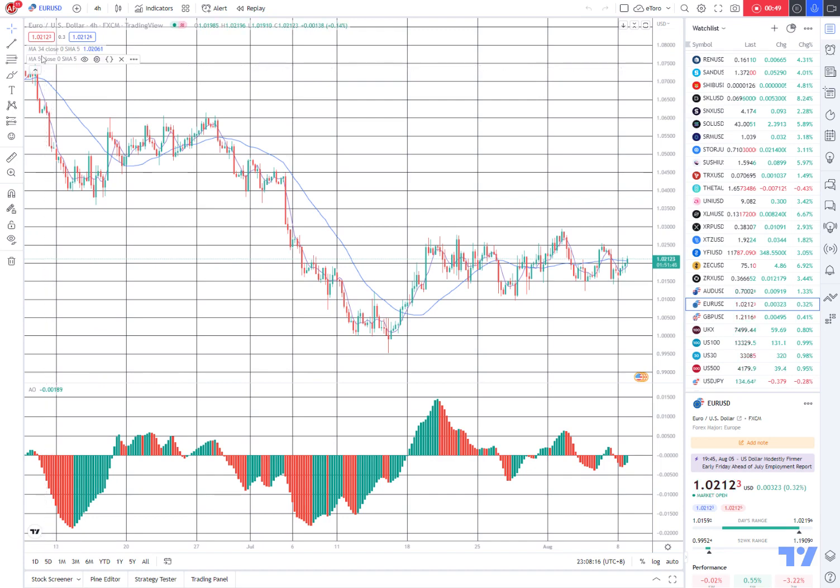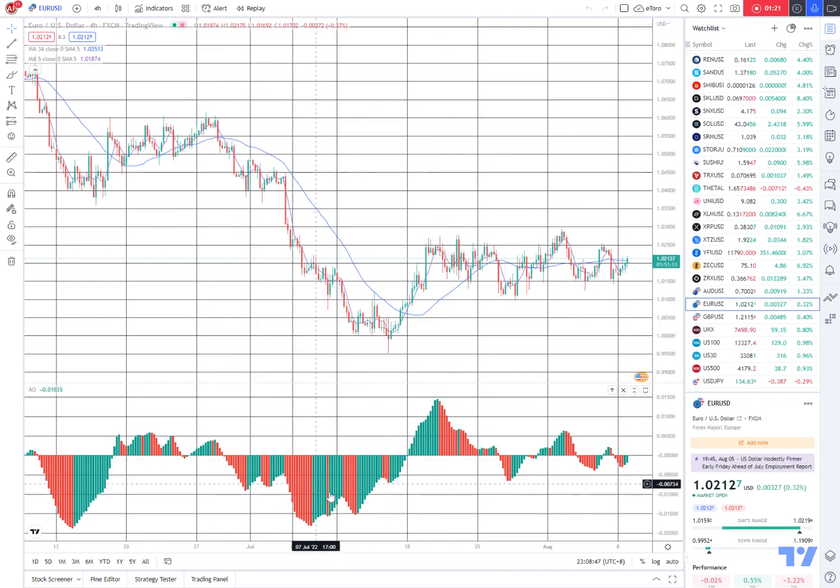The reason is if you check, you can see that the crossing points of the 34 and 5 is exactly matching the crossing of awesome oscillator through zero line. If you check every one of these, you can see here, exactly matching. So that gives me a better view, better understanding of what's going on.